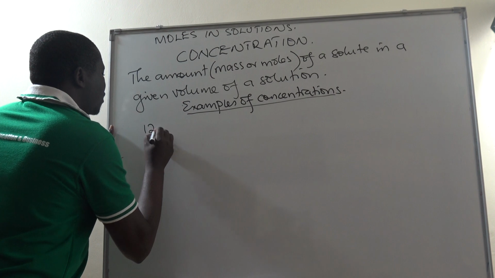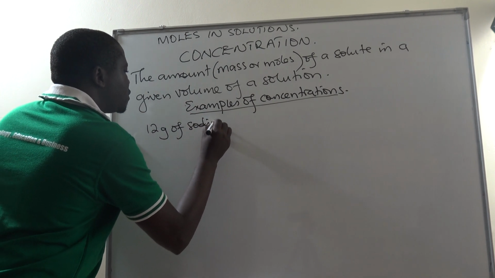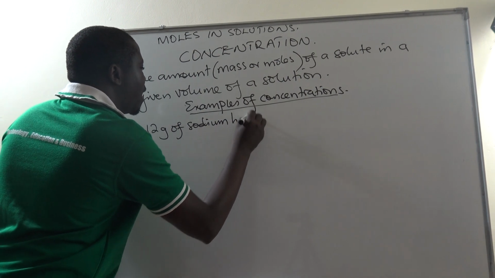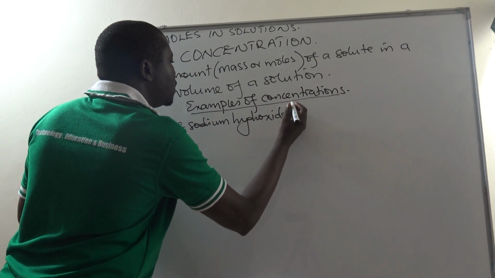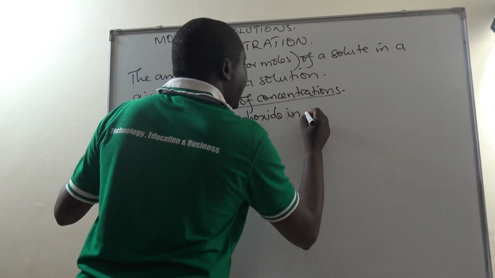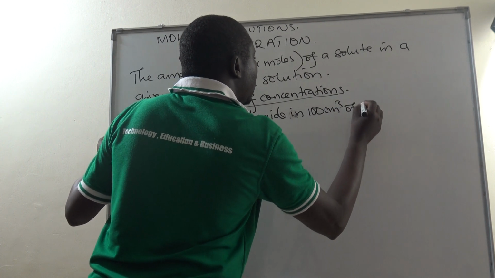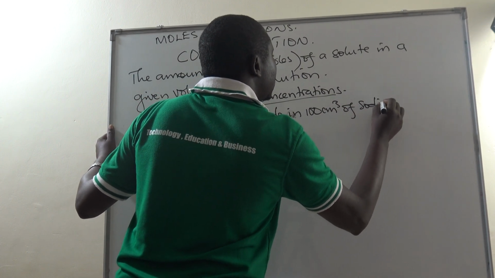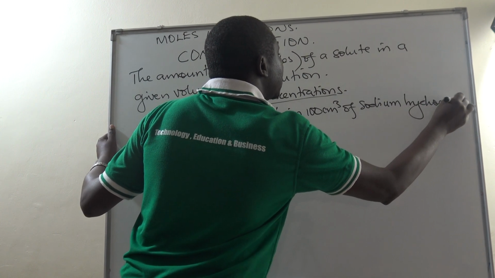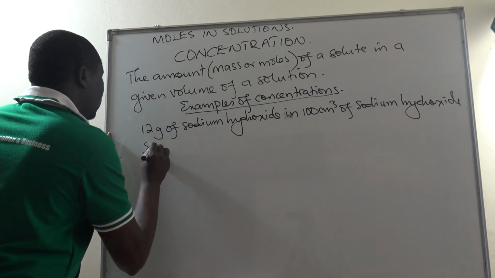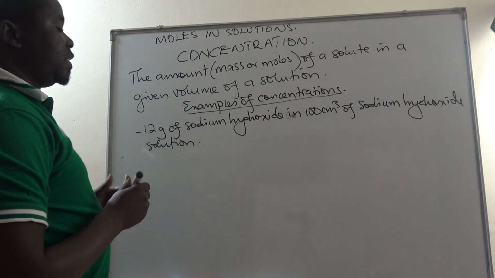If I have 12 grams of sodium hydroxide in 100 cubic centimeters of sodium hydroxide solution, this one is an expression of concentration.